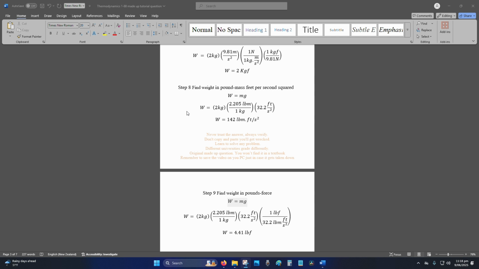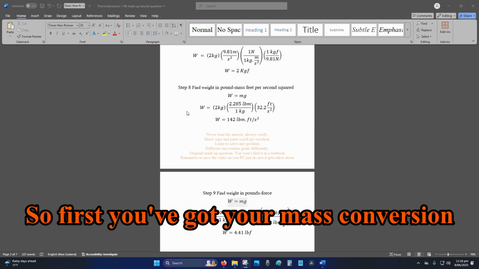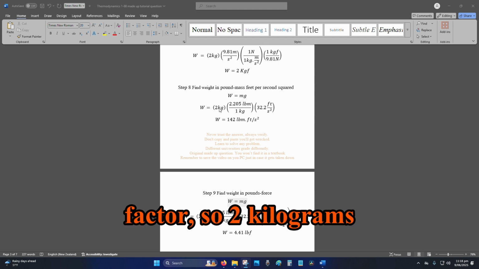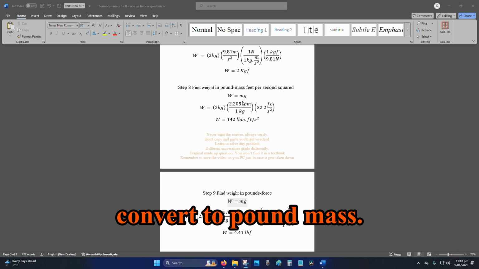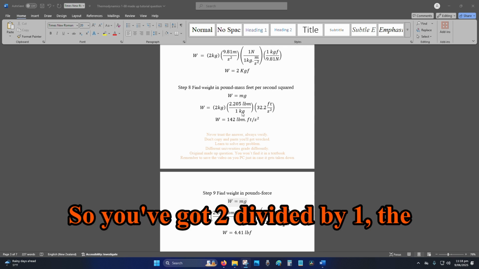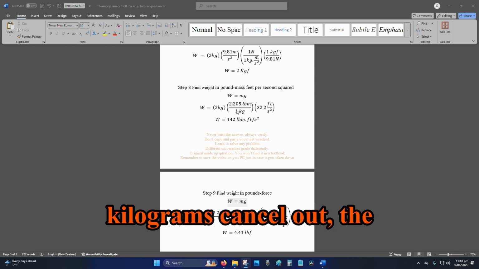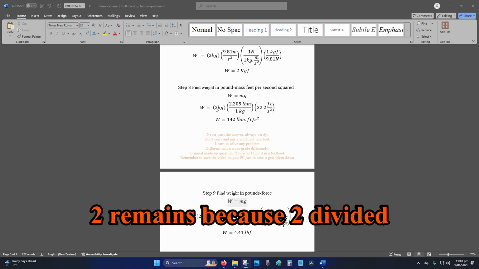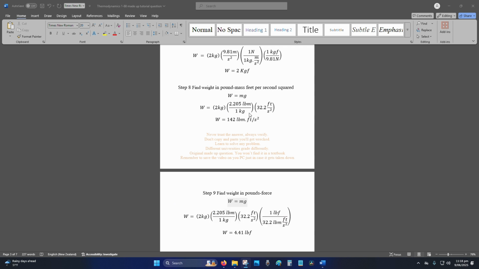Okay. So first you've got your mass conversion factor, so 2 kilograms converted to pound mass. So you've got 2 divided by 1, the kilograms cancel out. The 2 remains because 2 divided by 1 is still 2.